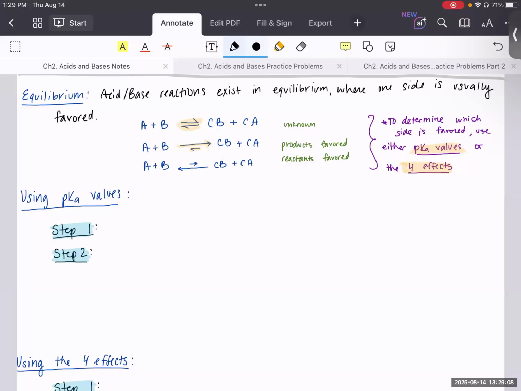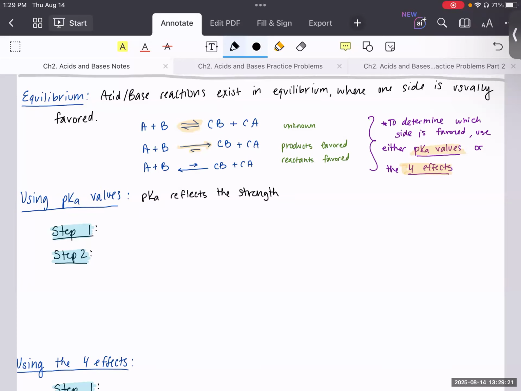All right, so if we're using pKa values, we know that the pKa reflects the strength of the acid. And so a lower pKa means stronger acid.